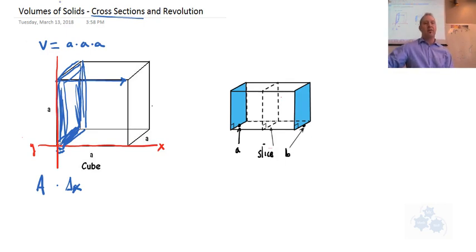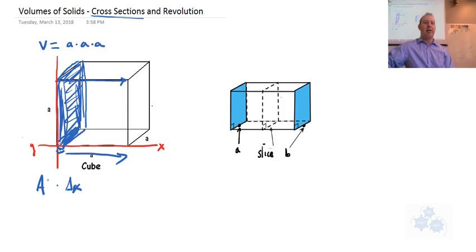So you could think about the area of this one slice, when you multiply it by this third dimension, as adding up an infinite number of slices of this area that's on the side, right?